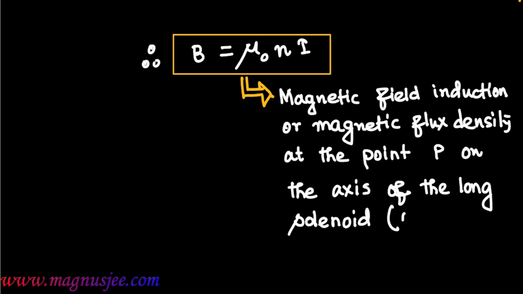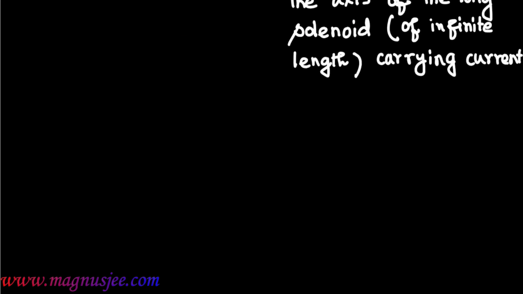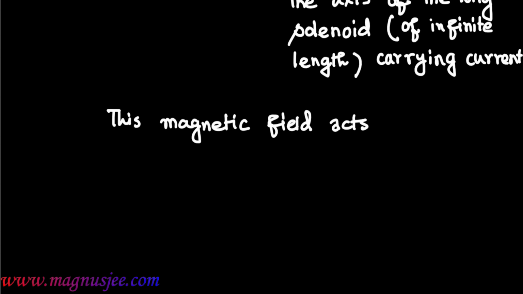It should be long, not a solenoid of finite length. Axis of the long solenoid of infinite length carrying current I. And this magnetic field is acting inside the solenoid, not outside the solenoid.